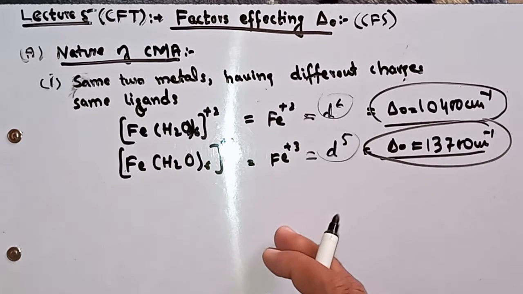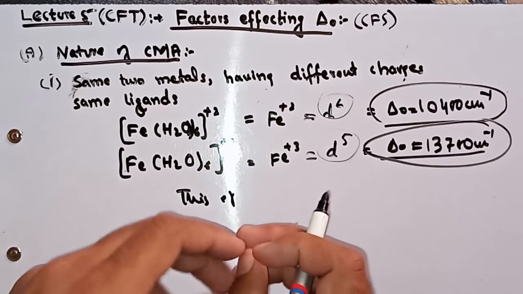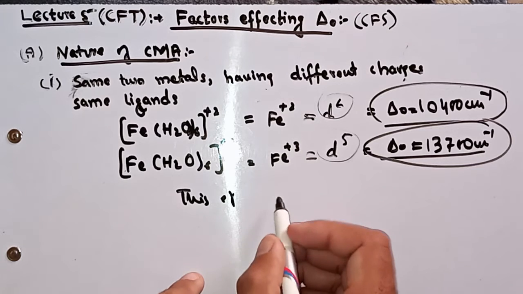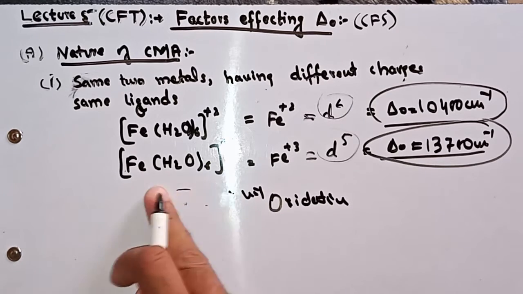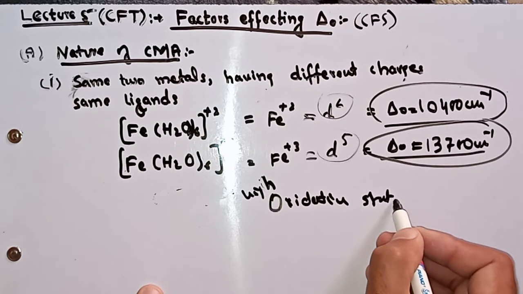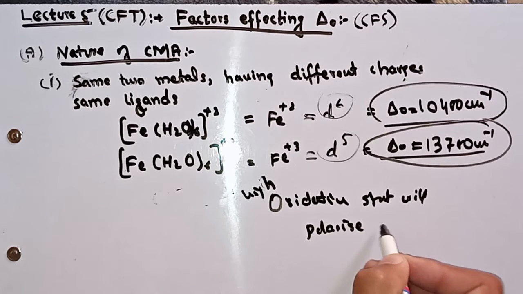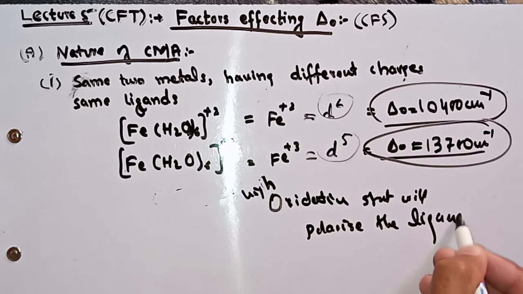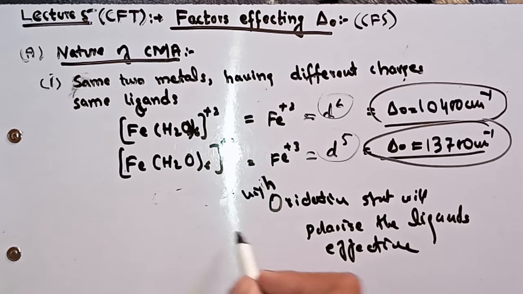The reason is probably that a central metal atom with a high oxidation state will polarize the ligands more effectively, because of the greater oxidation state.